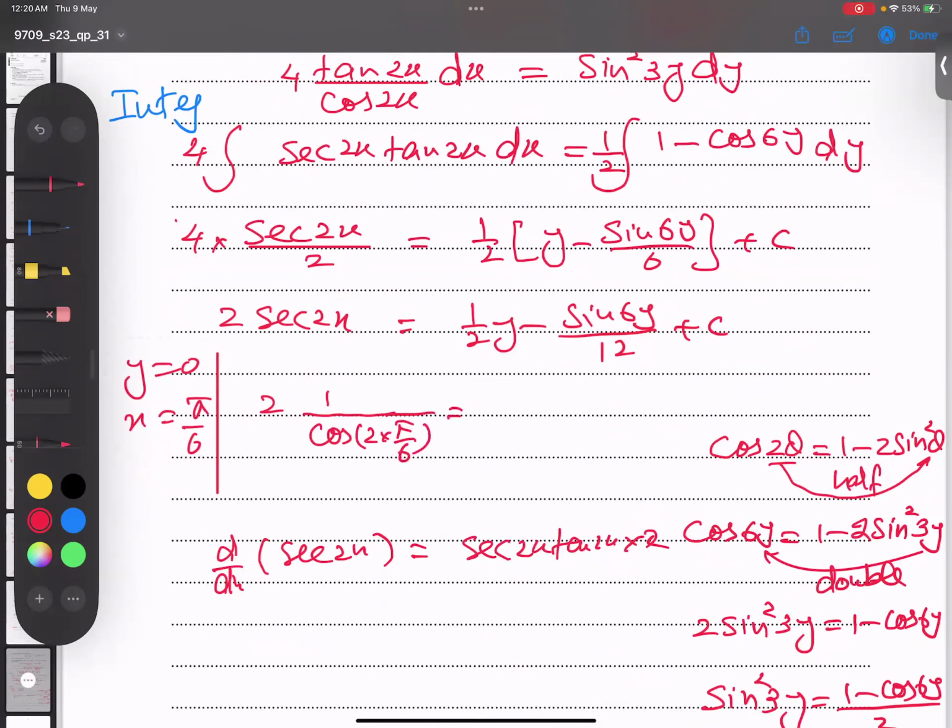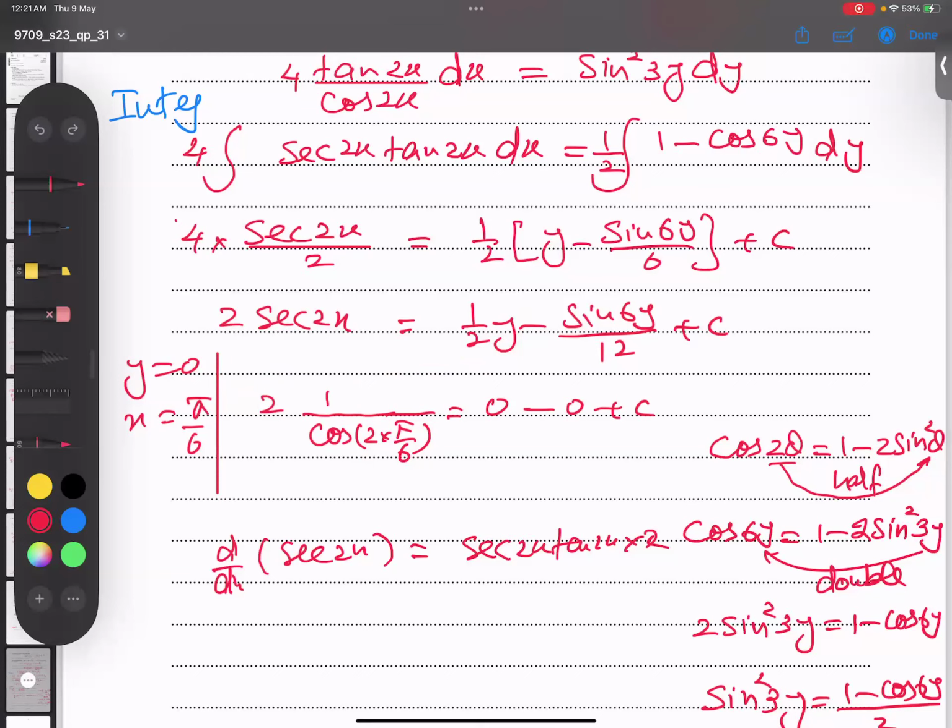And this 0 I kept here, it's gone. If you check it, this is pi by 3, actually 60 degrees. Or radian, you can type in the calculator, please convert to radian mode, okay?